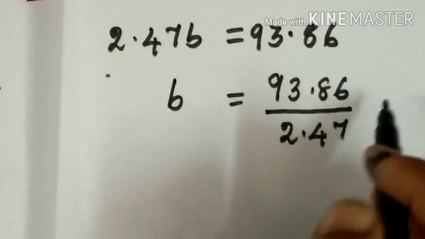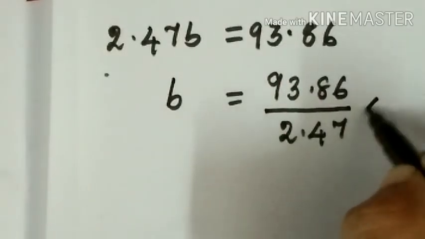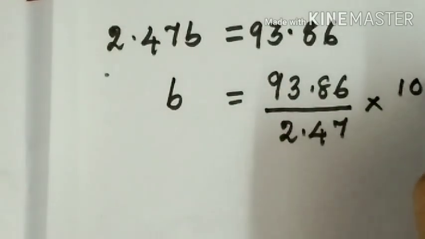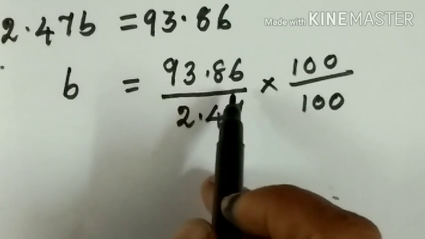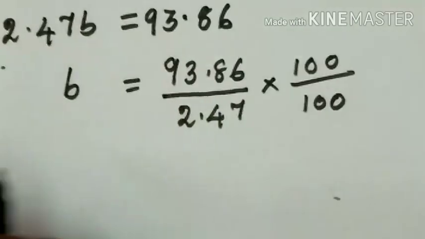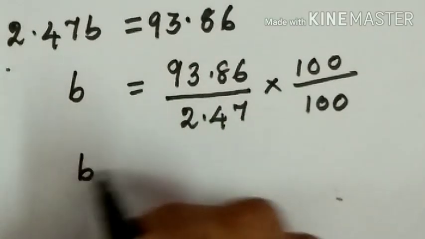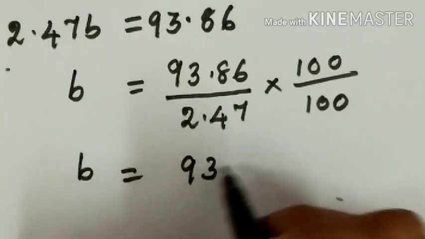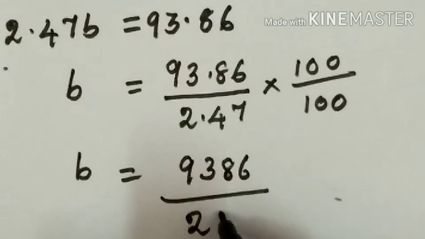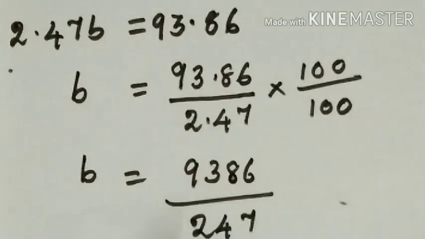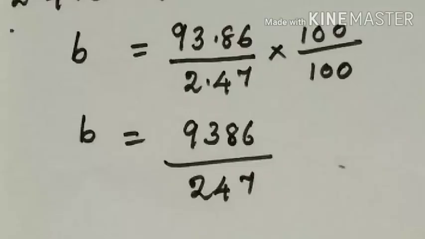Now we remove this decimal point, then both numerator and denominator you multiply by 100 because here two decimal digits are there. Therefore b equal to 9386 by 247.